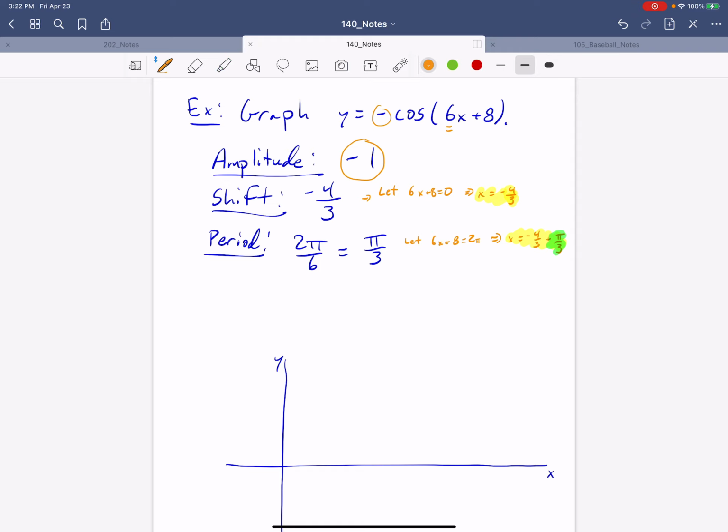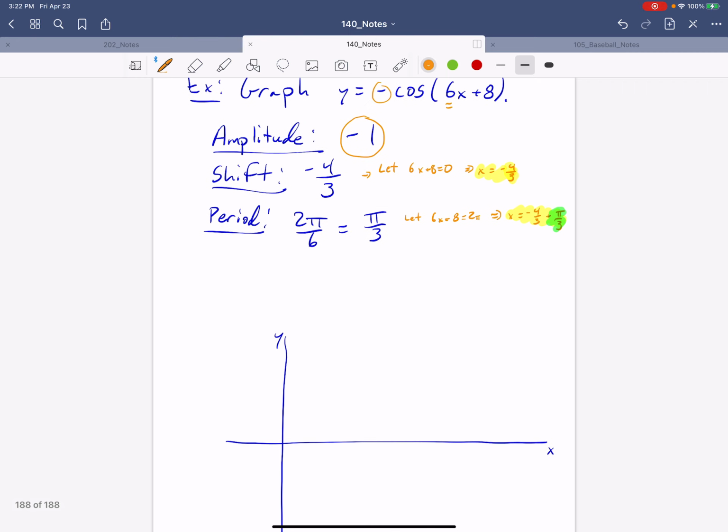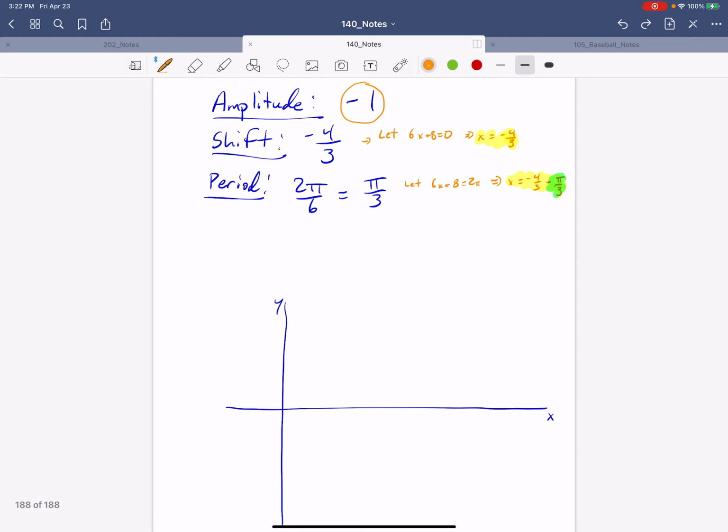Okay? So with that in mind, the amplitude is negative, meaning we're going to be flipping our graph. Normally cosine, just to recall, is the graph that goes like that for 2 pi. Let's see now. If we want to graph this, we know that the shift is negative 4/3, so that's negative 4/3 to the left.